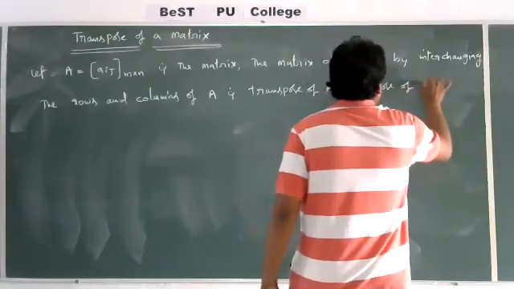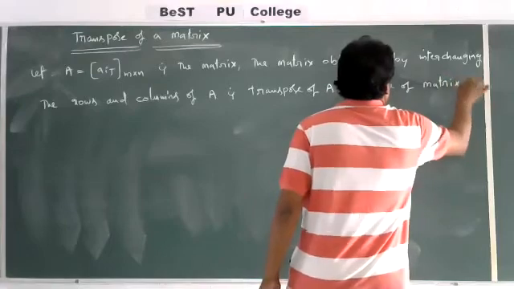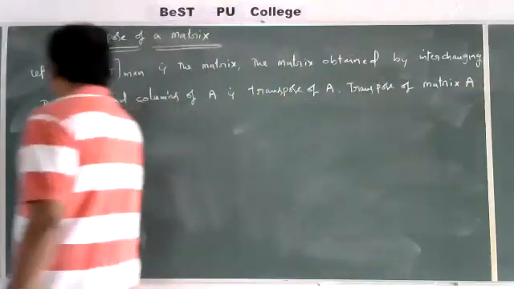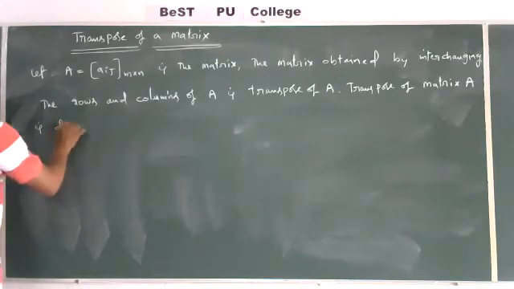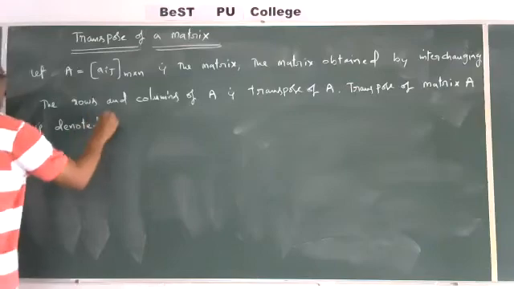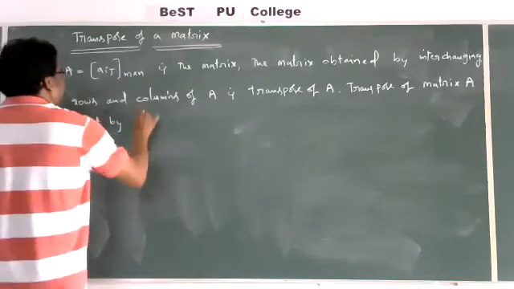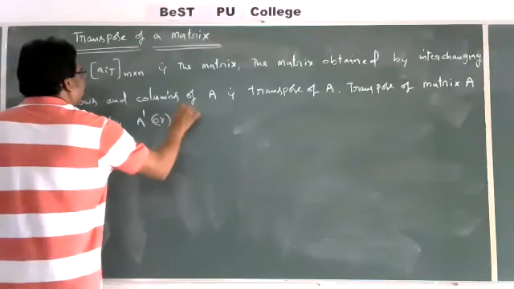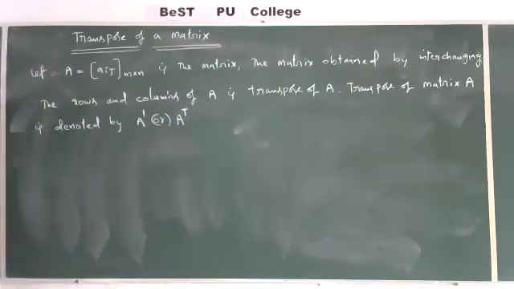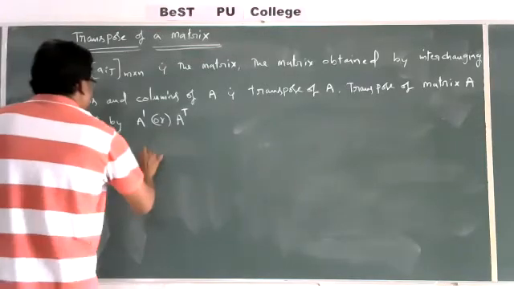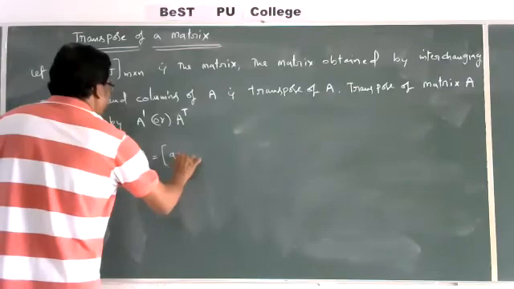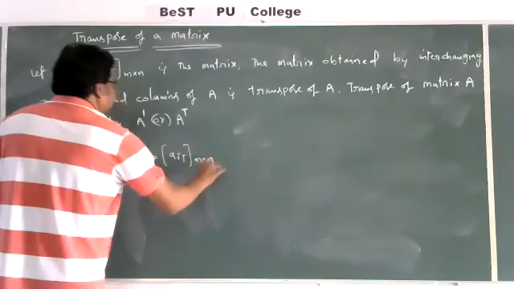Transpose of the matrix capital A is denoted by A dash or A power capital T. That is, capital A is equal to Aij m by n.